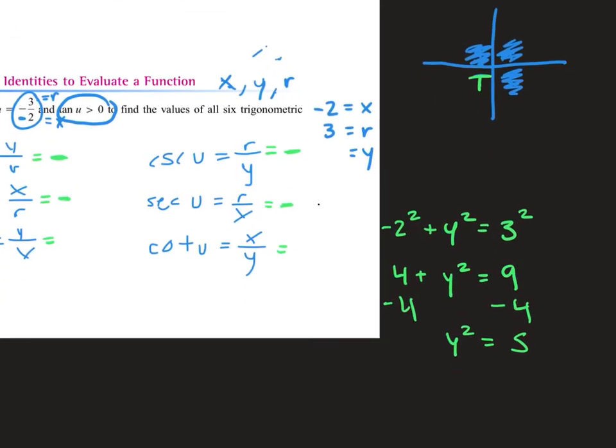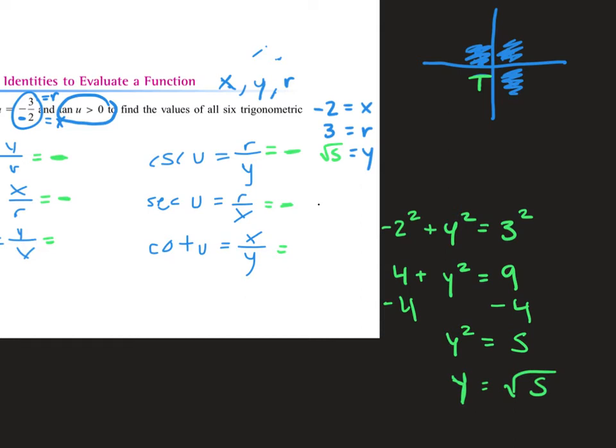So what do we get for y? Square root of 5. Now is our square root of 5 positive or negative?